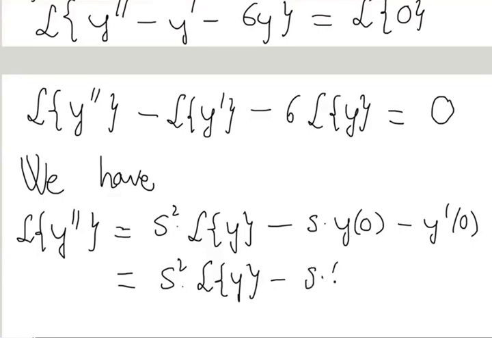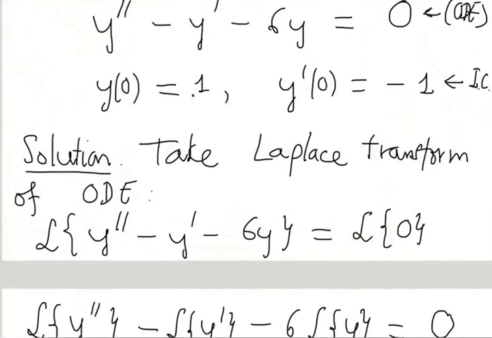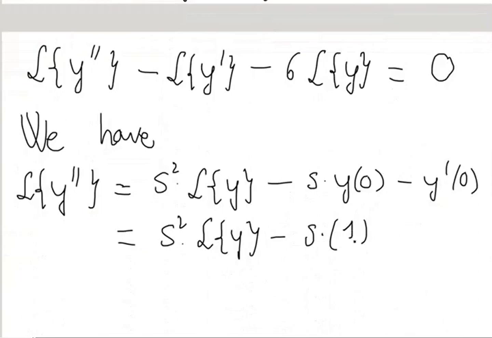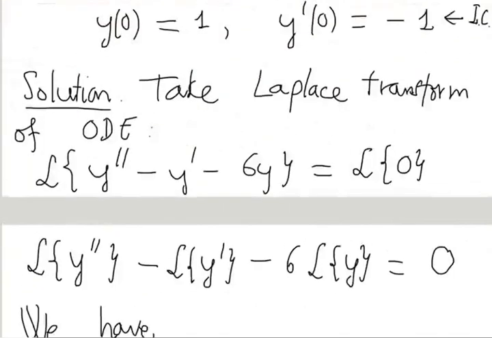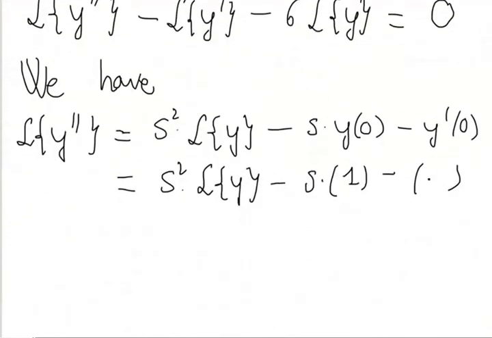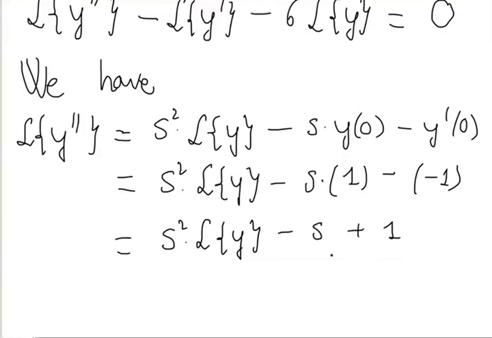So we have s times what here? y(0) is 1, minus the derivative of y at 0, which is negative 1. So we have minus negative 1 here. Let's simplify this. We have s squared times the Laplace transform of y minus s plus 1.